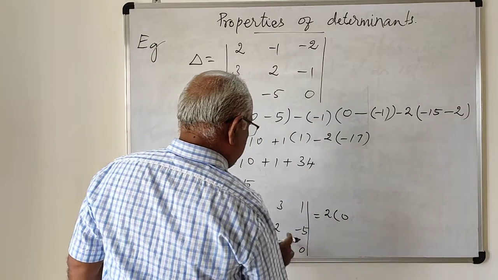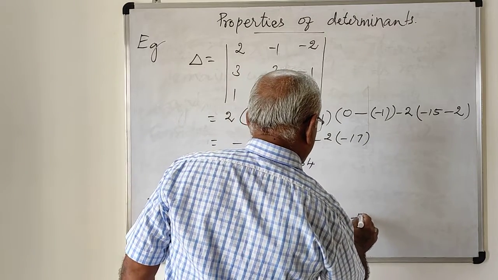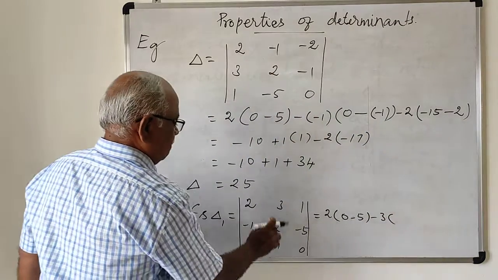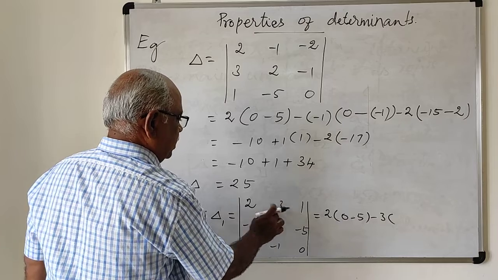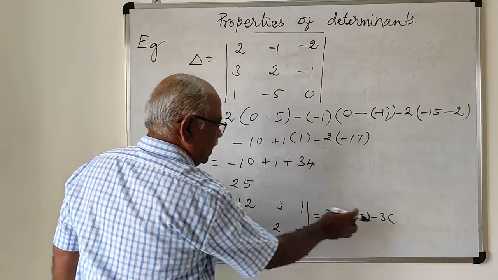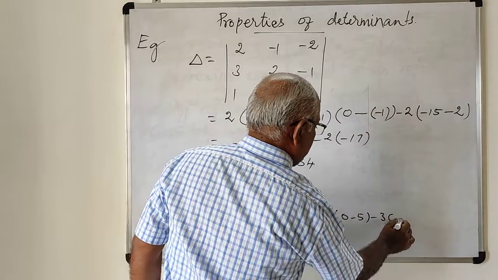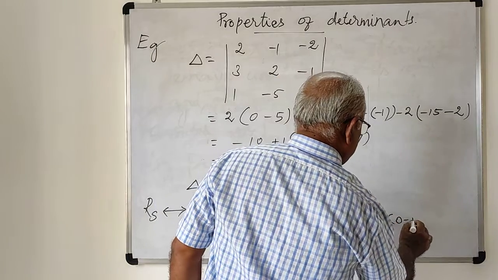This is equal to 2 into 0, as usual, minus and minus plus 5, expanding gives minus 5. Minus 3 into, minus 1 into 0, and minus and minus plus 10, expansion gives minus 10.